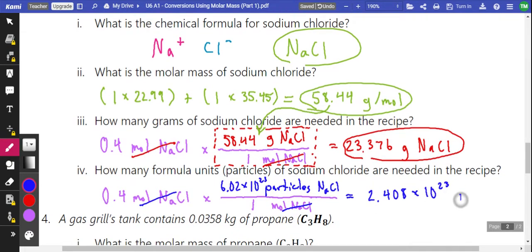That should be particles now, specifically of NaCl.